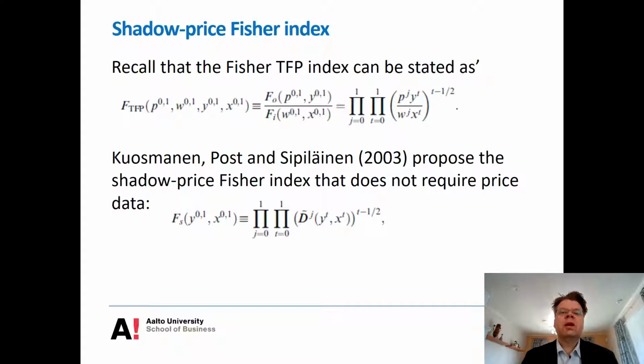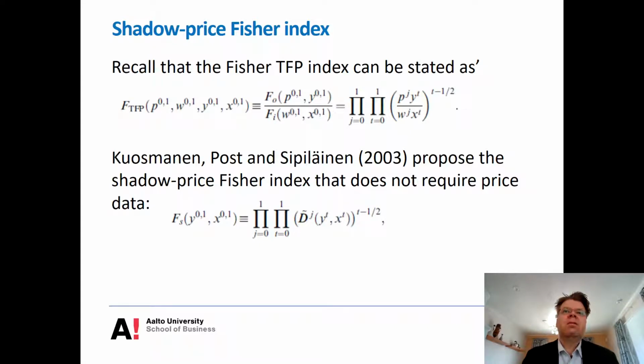Firstly, let me point out that this Fisher TFP index that we saw in the previous lesson, we can also write in a more compact manner using product notations. Remember that we simply take ratios of prices times quantities, so it is a sum of products of prices and quantities.